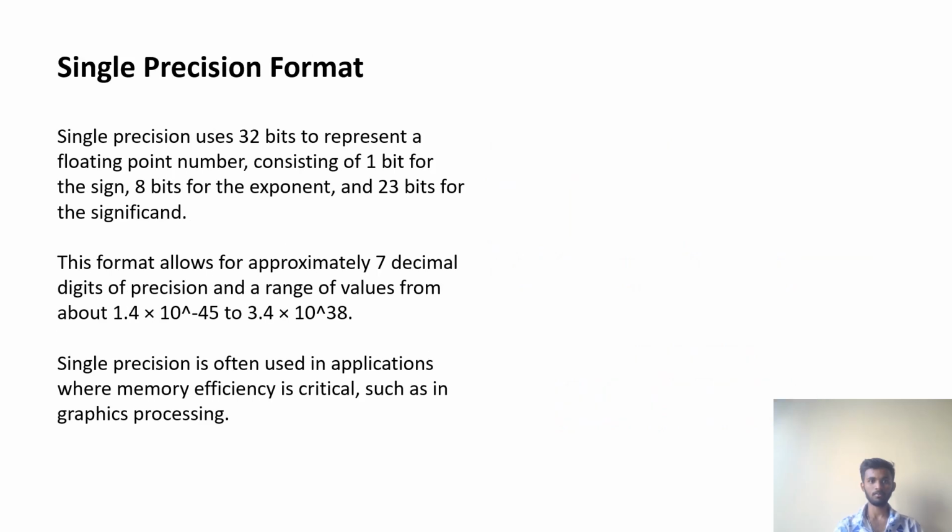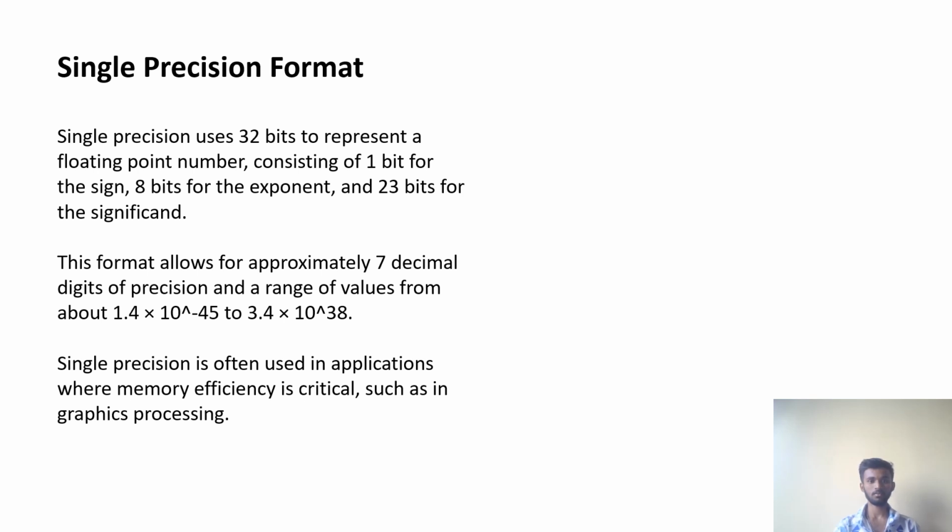Single precision format. Single precision uses 32 bits to represent a floating point number, consisting of 1 bit for the sign, 8 bits for the exponent, and 23 bits for the significand.